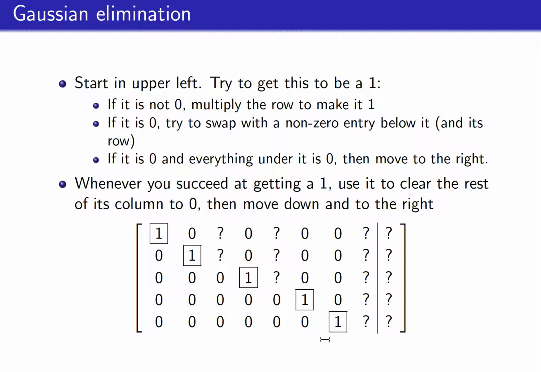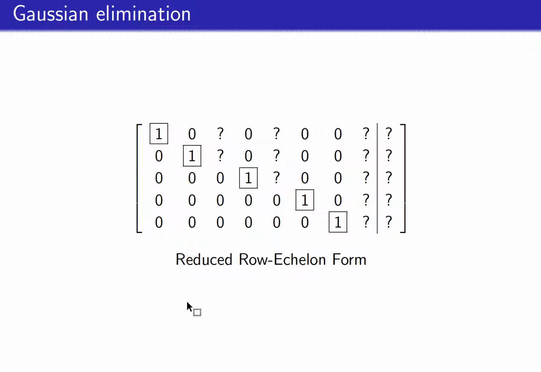And everything underneath this sort of staircase here is 0 as well. So this is called reduced row echelon form. For those of you who know French, échelle refers to this kind of staircase shape here, and this is what is the result of doing Gaussian elimination correctly. This is the final stage. This is the final form of your matrix.